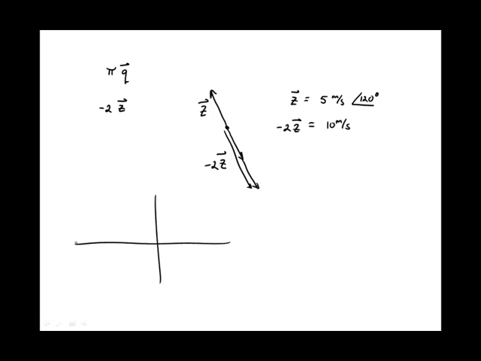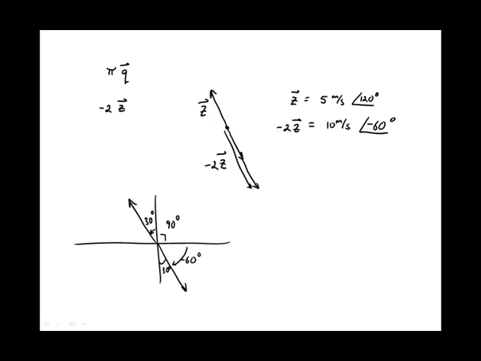So if this is my Cartesian axis, 120 is off in this direction, so I have 90 plus 30, and this is going to be then 30 degrees here. So this is 30 degrees and 90 degrees, and that means this is 60 degrees. But that's in the clockwise direction, so that must be negative. So 10 meters per second at negative 60 degrees.